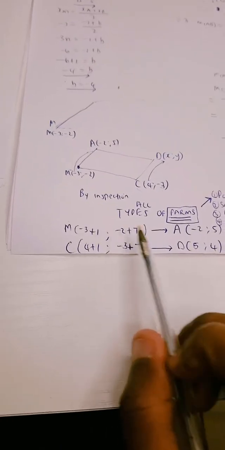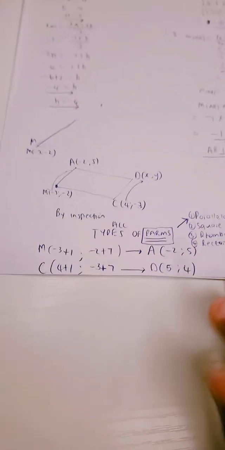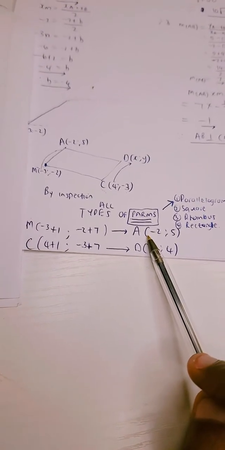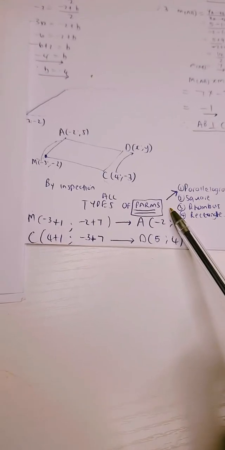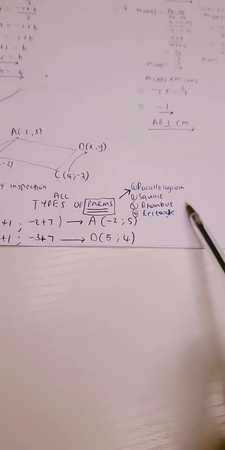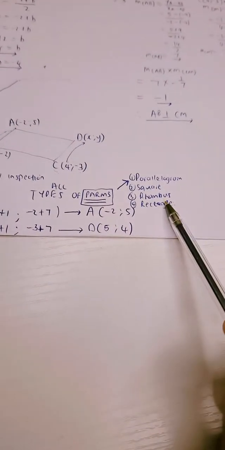So being able to get your third point of a particular quadrilateral using this method that you see here, by inspection, would apply to your types of parallelograms.